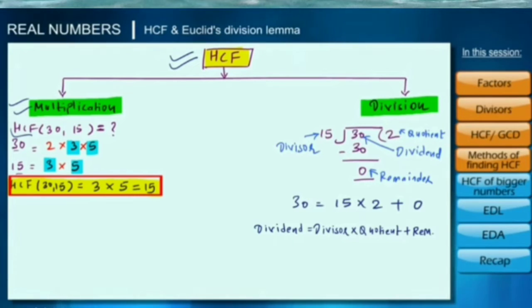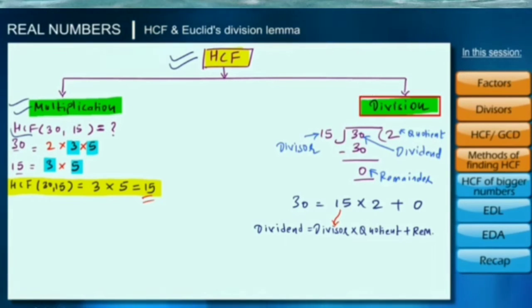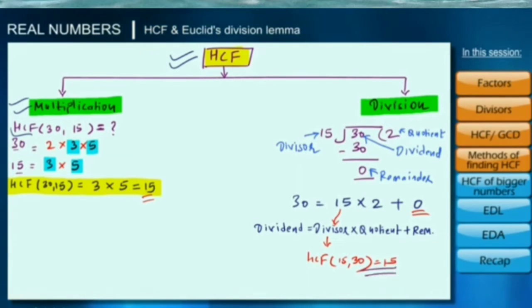Now in the multiplication method we got the HCF as 15. 15 is the divisor by which you divide 30, and after that you get the remainder 0, therefore 15 is the highest common factor, so it is called the HCF. Means the divisor is called the HCF if it leaves the remainder equal to 0 in the division method.